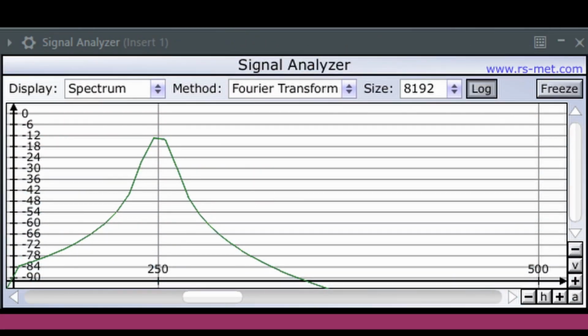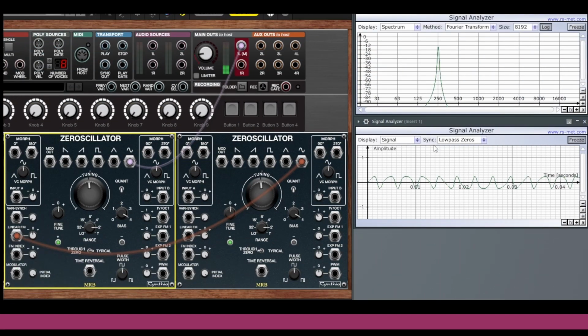Let me solve the mystery of the strange and irregular lowest partial in the spectrum. I have adjusted the carrier frequency to exactly 250 Hertz. Now I crank up the modulation strength and measure the frequency of this misbehaving lowest partial. The frequency is quite exactly 90 Hertz.